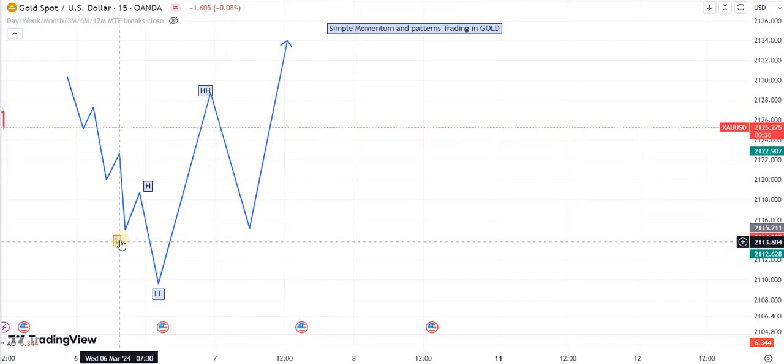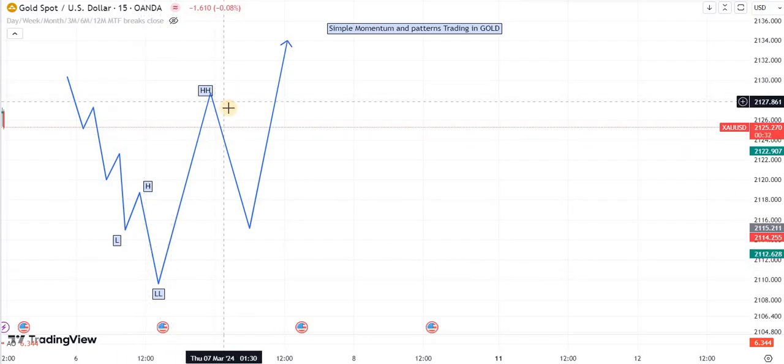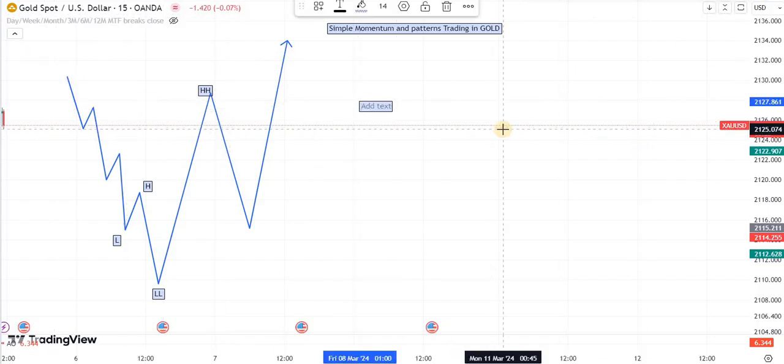When price makes low, high, low, low, and directly high, high, there are two chances.